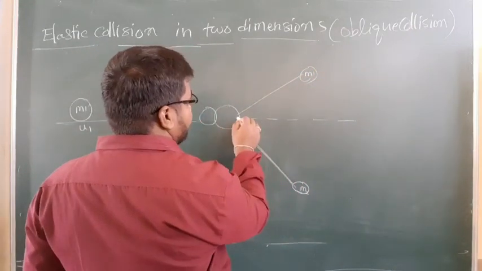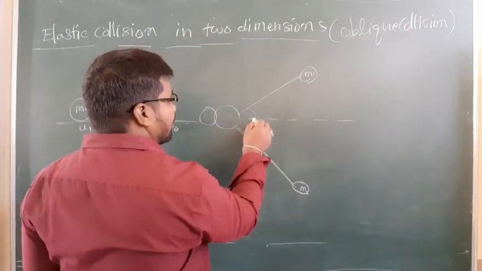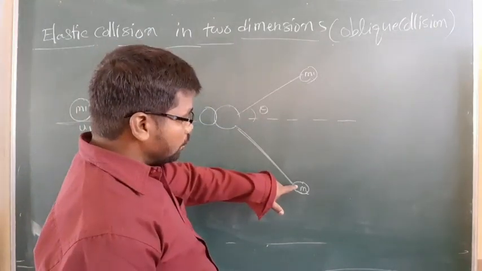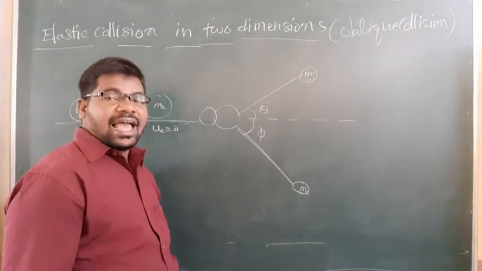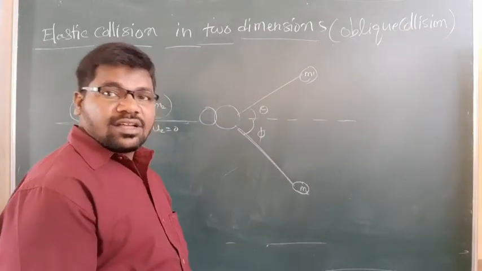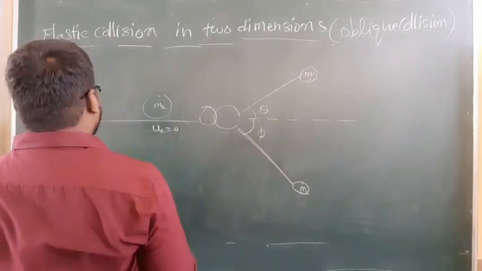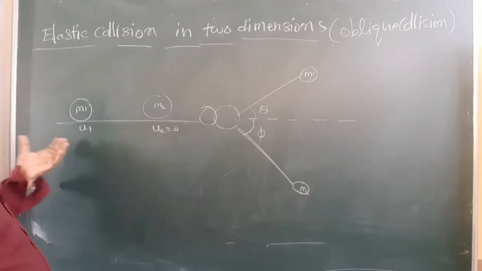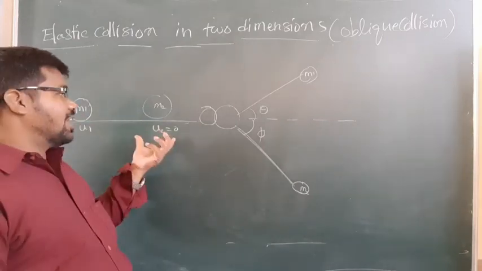The angle made by the m1 body with the horizon is theta, and the angle made by the m2 body is phi. Here m2 is at rest and m1 has some velocity, so due to this velocity the collision occurs.